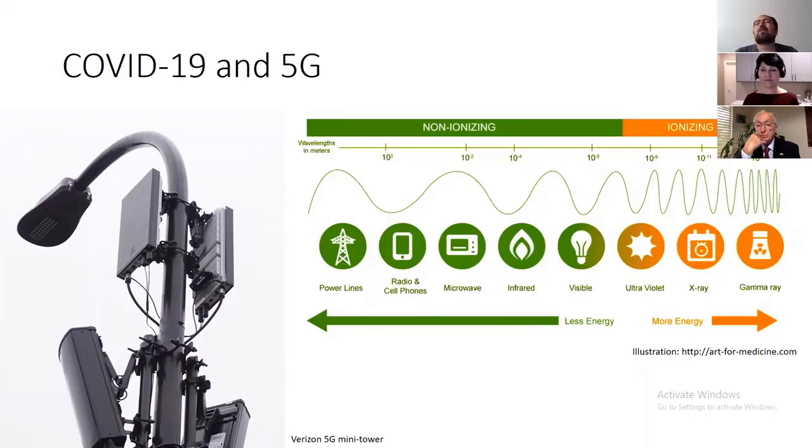So what is the source of this confusion between 5G and COVID-19? Probably since COVID-19 is not as well understood as 5G, and it seems like wherever there's an area with implemented 5G, you see a surge in COVID-19, people may make a connection between the two.